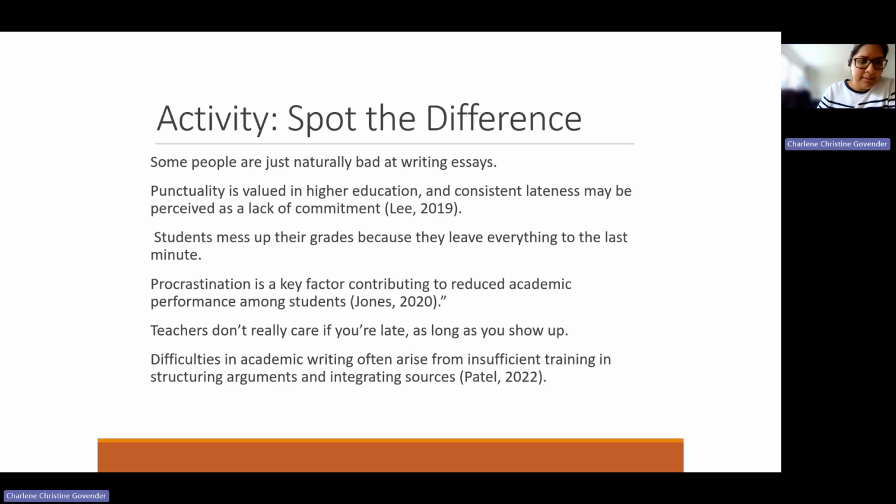So let's have a look at the sentences. The first one: some people are just naturally bad at writing essays. Next one: punctuality is valued in higher education and consistent lateness may be perceived as a lack of commitment. In 2019, students mess up their grades because they leave everything to the last minute. Next sentence: procrastination is a key factor contributing to reduced academic performance among students, Jones 2020.